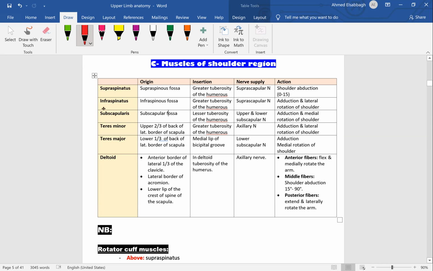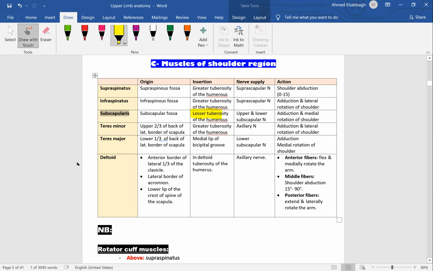So what is the insertion of subscapularis? Subscapularis takes its origin from a large fossa, which is subscapular fossa. So it will have a separate insertion. This separate insertion is called lesser tuberosity of the humerus.